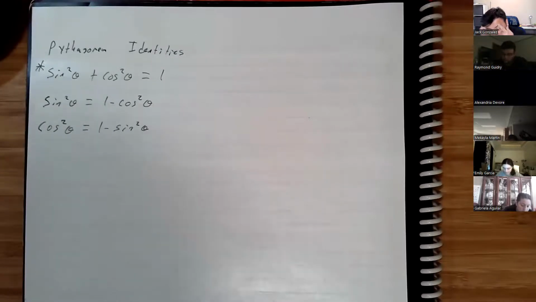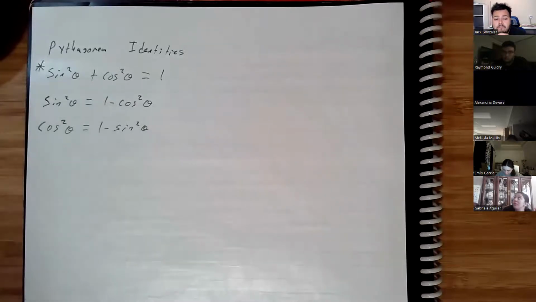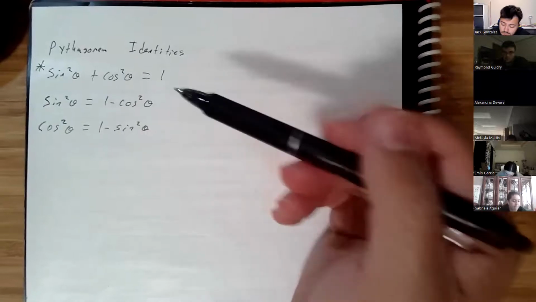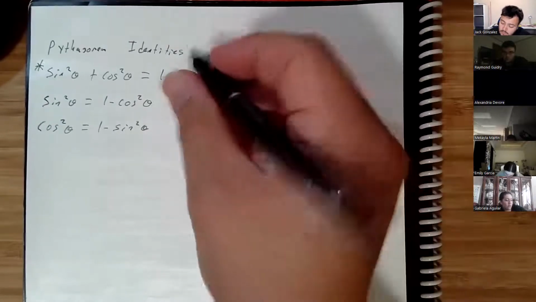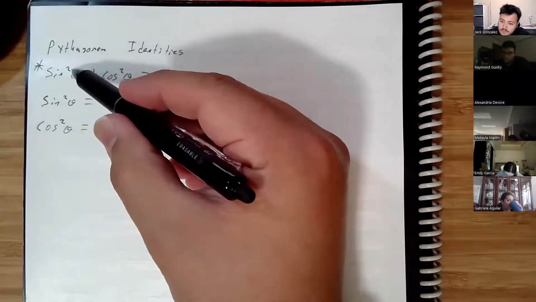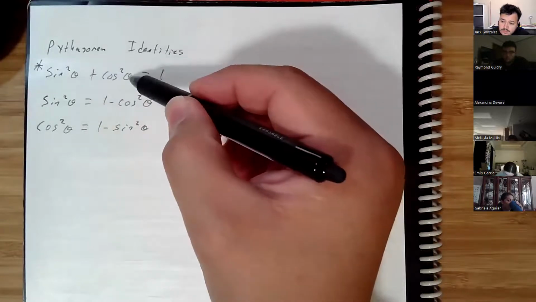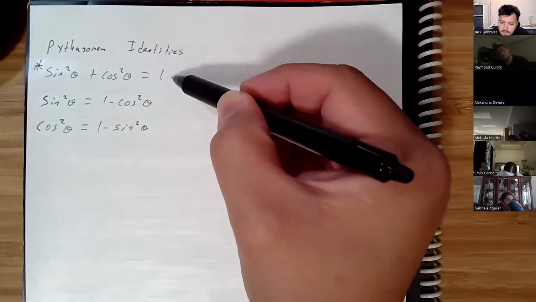Now, if you were to divide things, you get another set. If we divide the original by cosine squared, right? This term by cosine squared, this term by cosine squared, this by cosine squared.